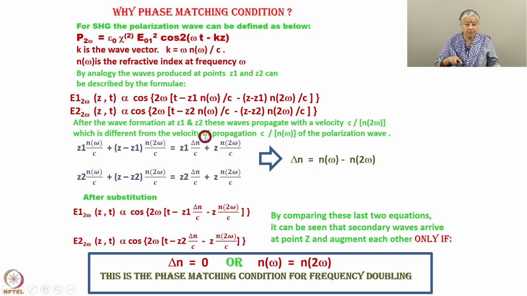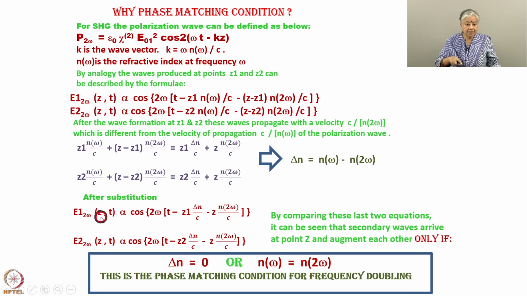Wherever n omega and n2 omega occur, I have put delta n. Basically, I am just rewriting this argument of cos in this form. Similarly for the point Z2, I am rewriting it and have introduced the term delta n.